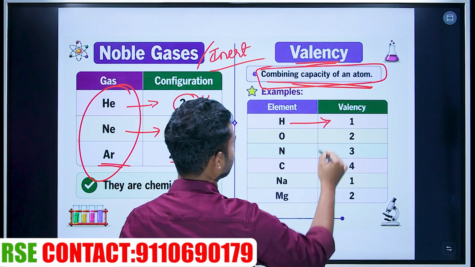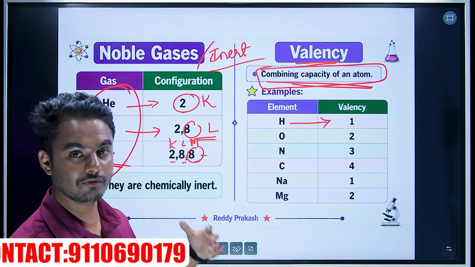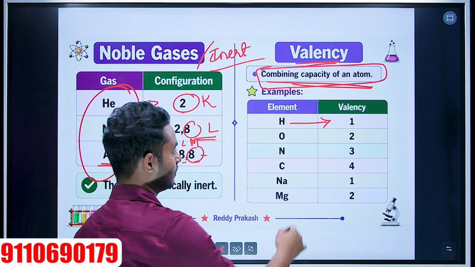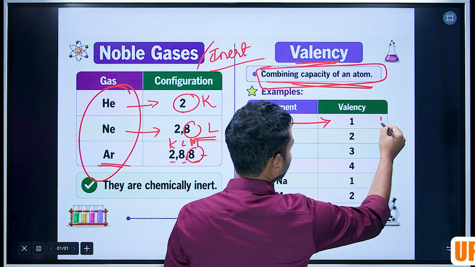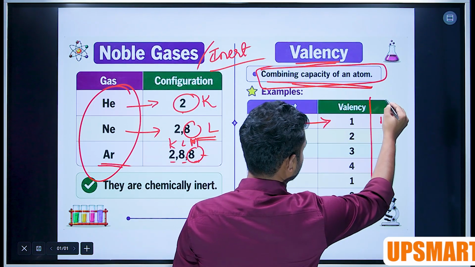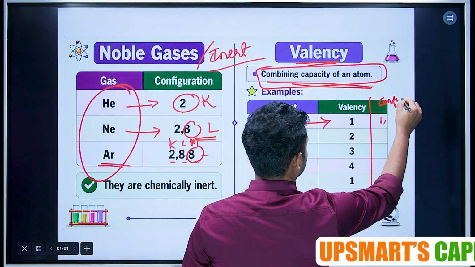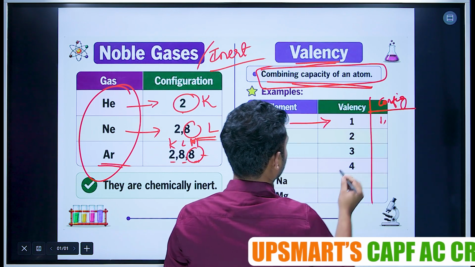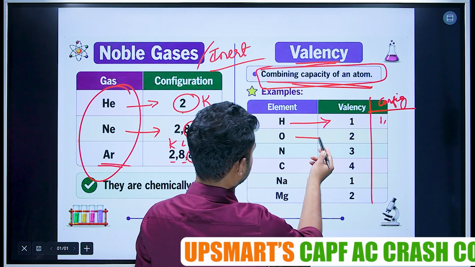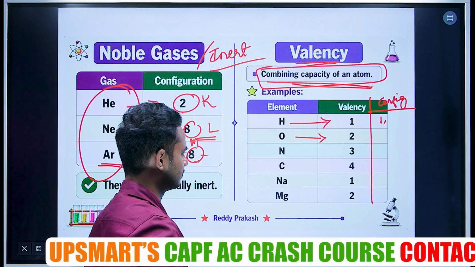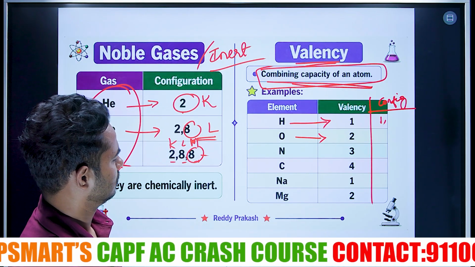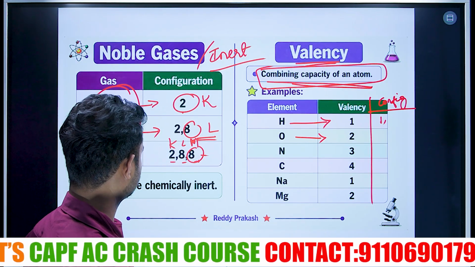Hydrogen has a configuration of 1. Configuration of oxygen, right?